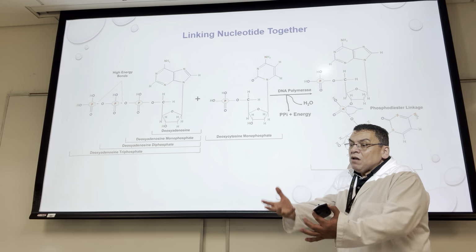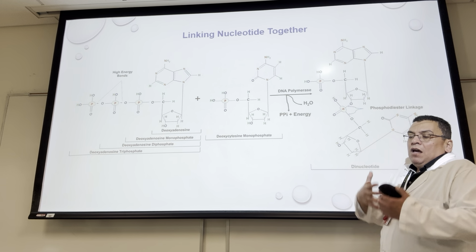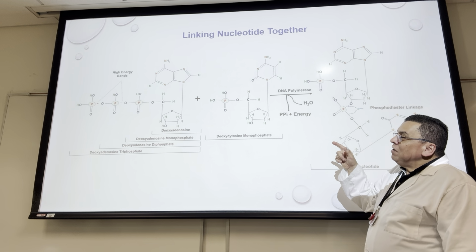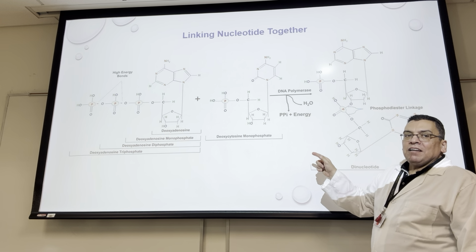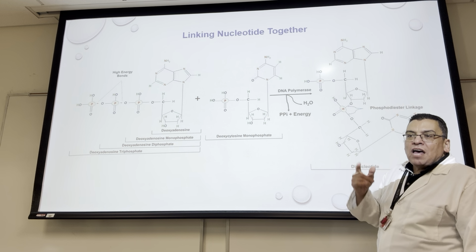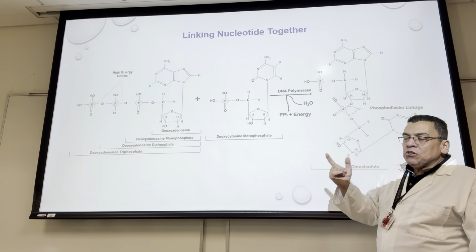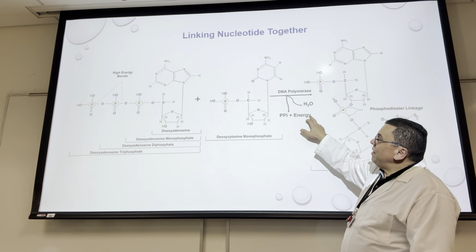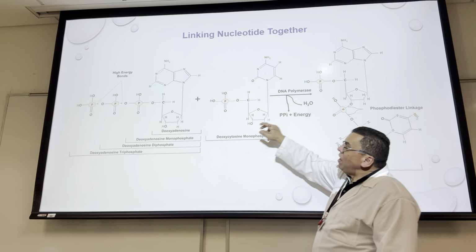So this molecule comes with the monomer, right? And it also comes with a bag of energy because it knows this is anabolic. It means I need energy, and it comes with the energy. And that's what this guy is telling you. PPi is this part right here.